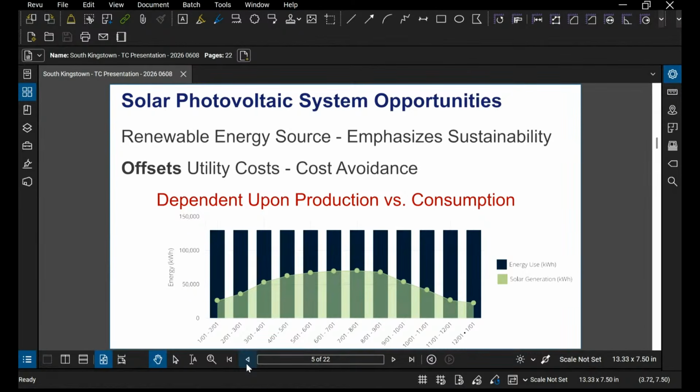If you look at this graph, the blue bars represent an average of what is anticipated to be the electric consumption. The green curve is the estimated amount of solar generation. So you see there is always a gap. The ideal situation is to have that as minimized as possible. But I just want to be very clear that this is a way to offset energy costs.